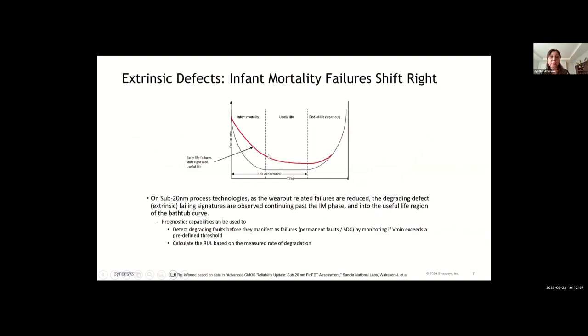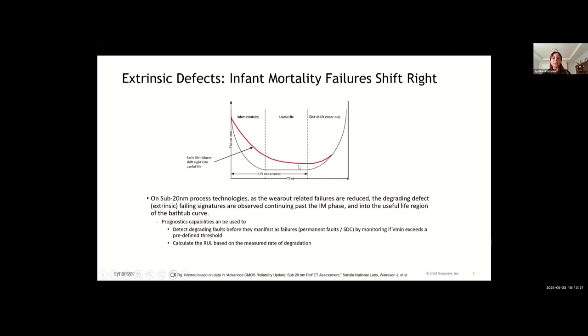Interestingly, this is also addressed in some of our new standards activities, including the ones we are driving with IEEE, where we talk about the need for prognostics capabilities, because then we can have our eyes on the chip. As you see, this curve continues into the useful life of the part.